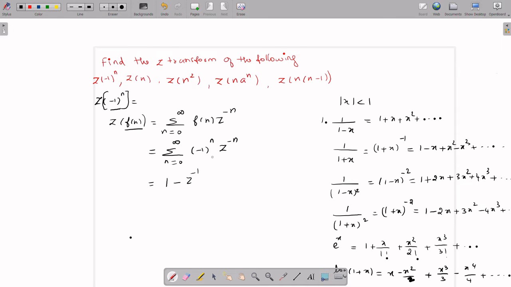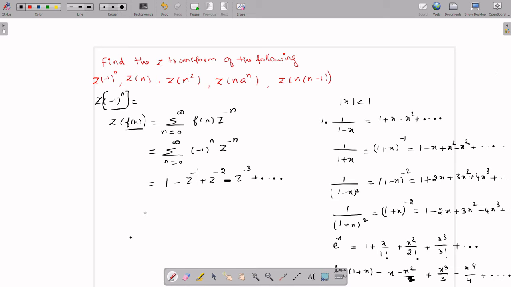Okay, and then when n is equal to 2, minus 1 the whole square is plus z power minus 2. What about n is equal to 3, minus 1 whole power 3, minus z power minus 3, plus etc. Alternate plus minus terms you have.